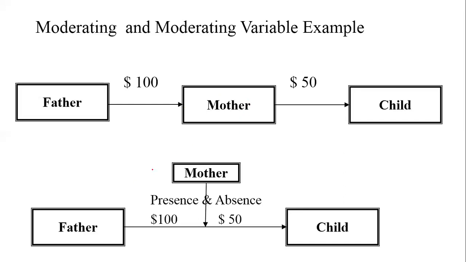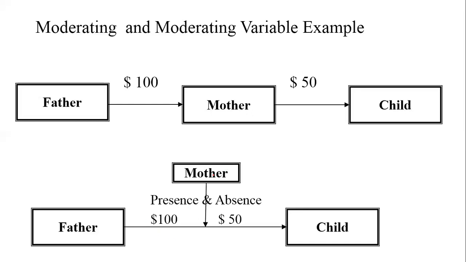Now let's look at another example. Now the father is directly trying to give money to the child. Now there's only a relationship between father and child. But when the mother is present, the father gives the child 50 rupees or 100 rupees.